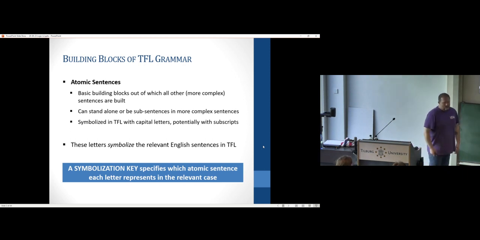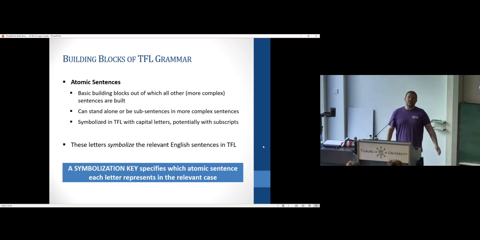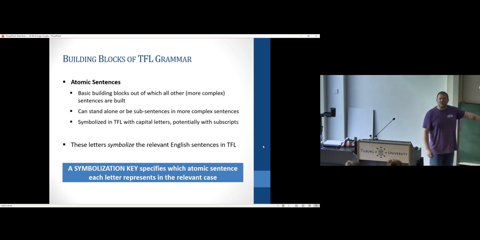They can stand alone, these atoms, or they can be sub-sentences, that is, parts of a bigger, more complex one. We symbolize atomic sentences with capital letters, possibly with subscripts. So capital A, capital B, capital J, 274, right? All of these are atomic sentences of TFL.